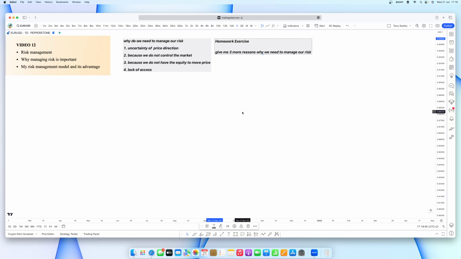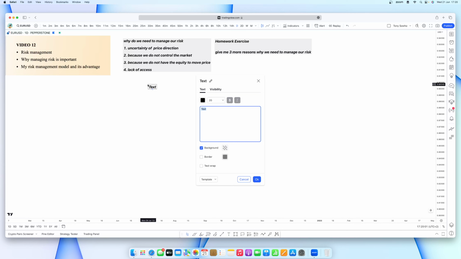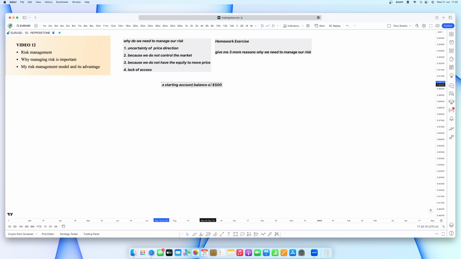So like I said, we're going to use a hypothetical example of a starting account balance of $500. So let's say you have a starting balance of $500.